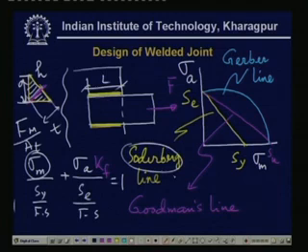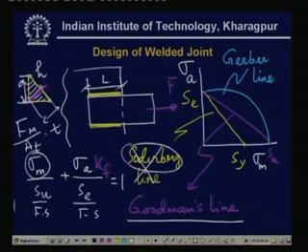So, from this we can design what is T or L or H, that depends upon what you want. So, this is for the Soderberg line. If we use the Goodman's line, then the only change is that instead of SY we have SU. So, this is now Goodman's line, and again we can get the value of AT.